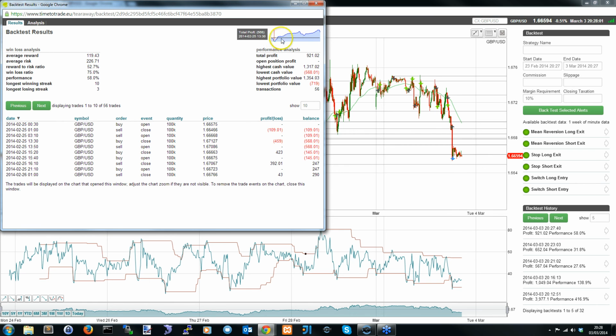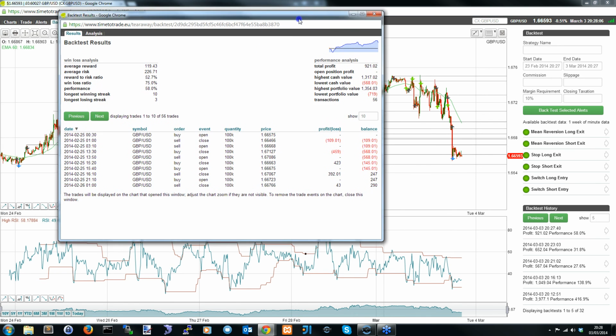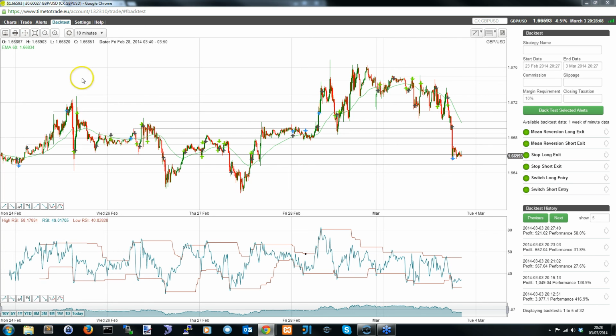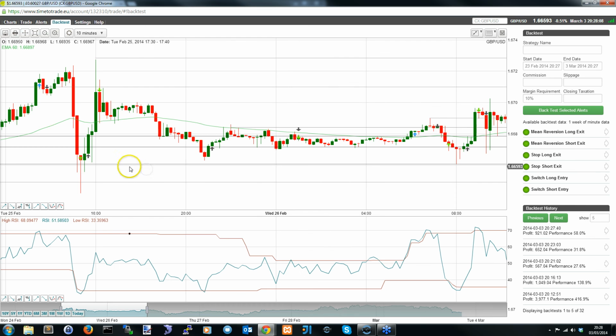One or two bits at the start were hurting us, but then it's generally been quite steady. So if we have a look at what's going on here. So we sold, took profit when it broke through. We switched into a long position, reverted to the mean, so we waited for the close of the candle.